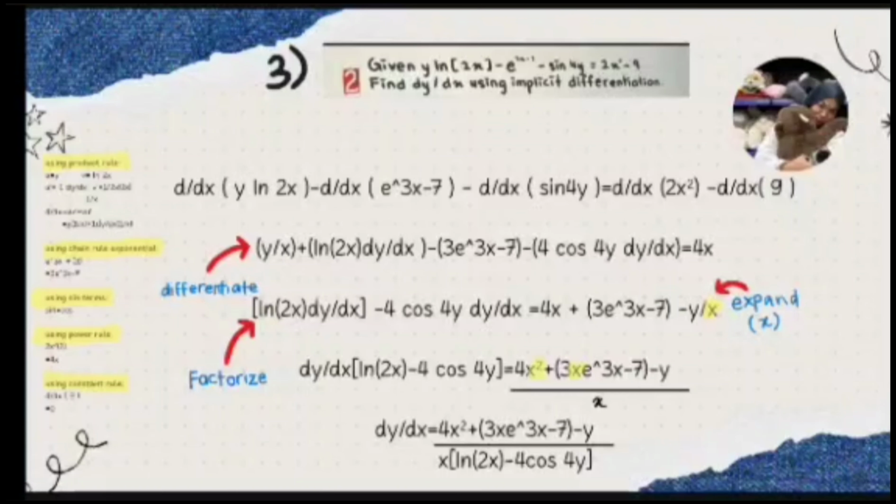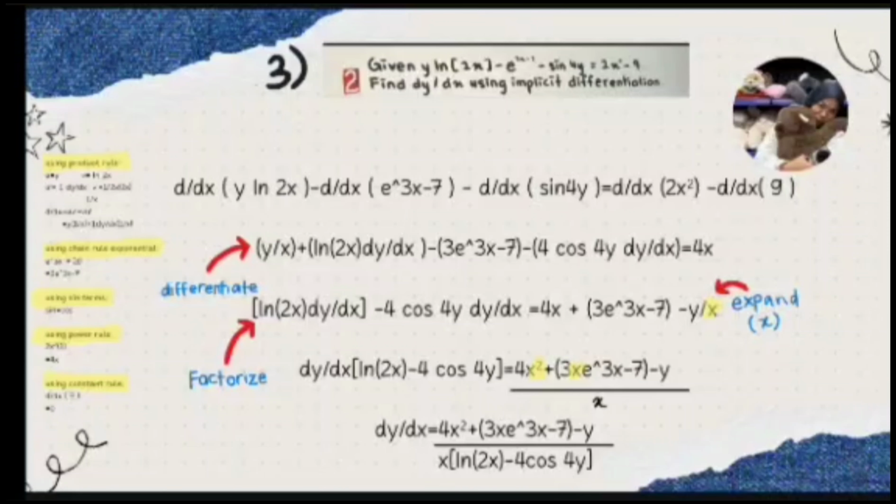Given y ln 2x minus e power of 3x minus 7, minus sine y equals 2x to the power of 2 minus 9. Find dy over dx using implicit differentiation. First, we need to put d over dx on each of them. For y ln 2x, we need to differentiate using the product rule, where y equals u and v equals ln 2x. So, u prime will become 1 dy over dx.